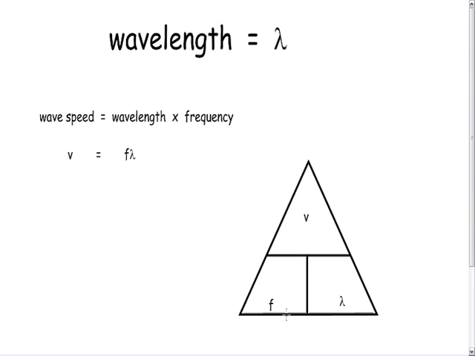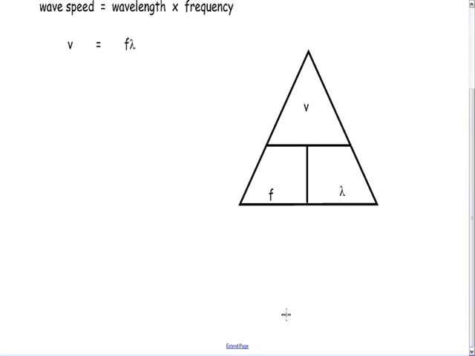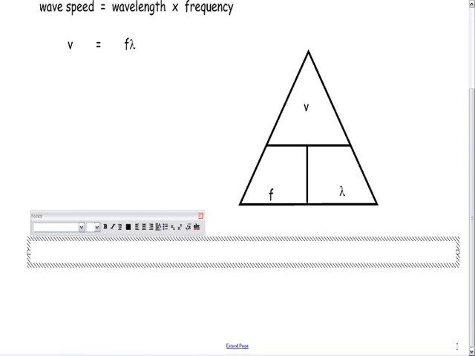Let's recap with a nice simple example. Let's assume that 40 waves are produced in 10 seconds. What is the frequency? Need to get a quieter keyboard.